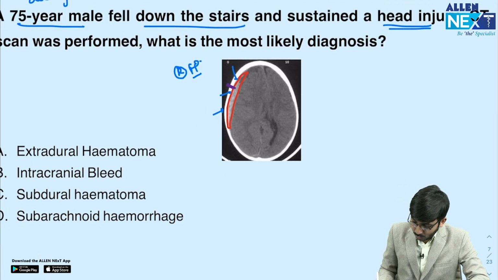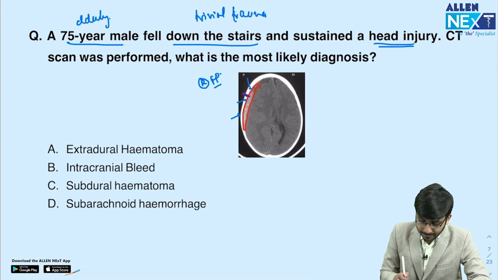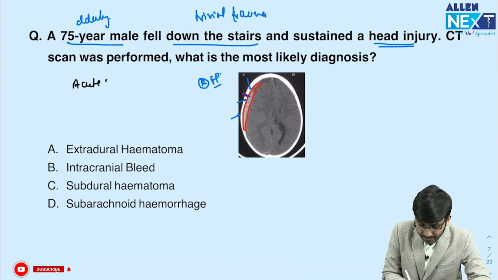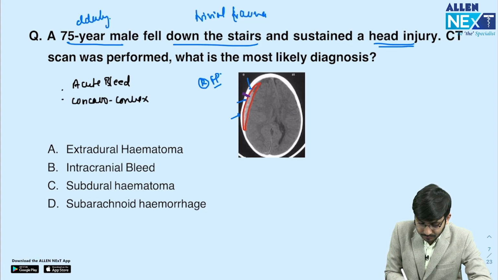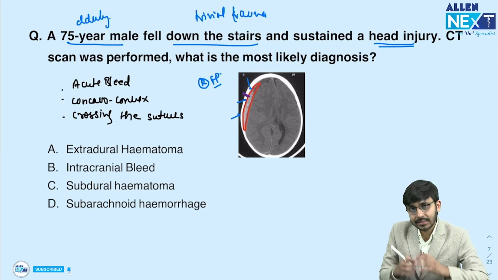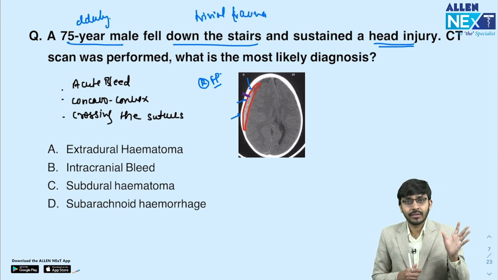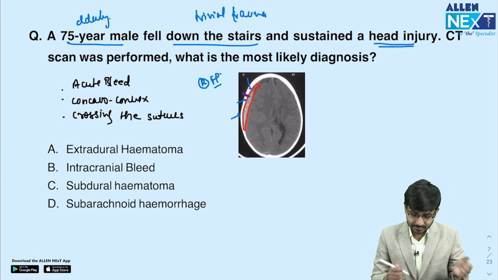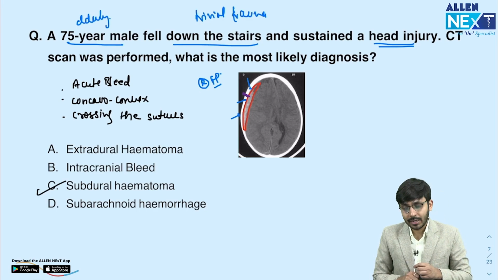It is an acute bleed, yes, because it is appearing hyperdense. Its shape is concavo-convex. It is crossing the sutures. And it is occurring in an elderly male with a trivial trauma. So yes, you guessed it right. The answer here is a subdural hematoma.